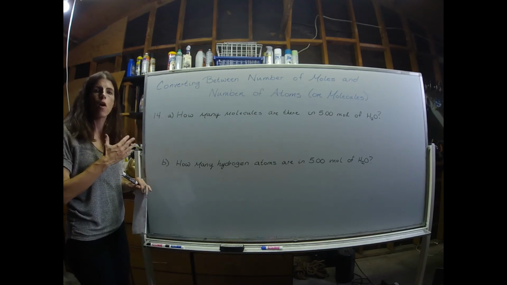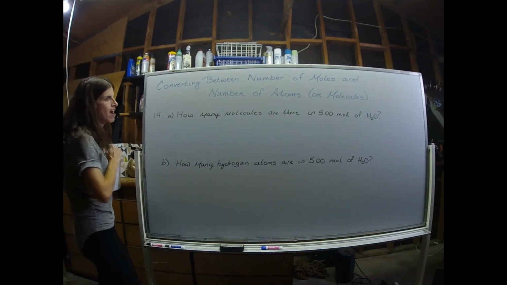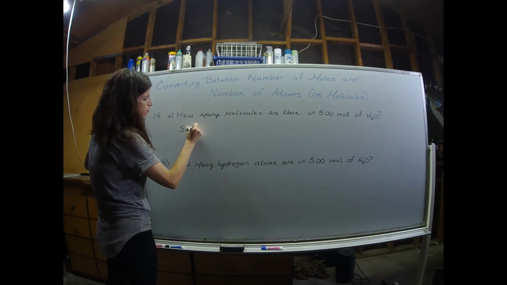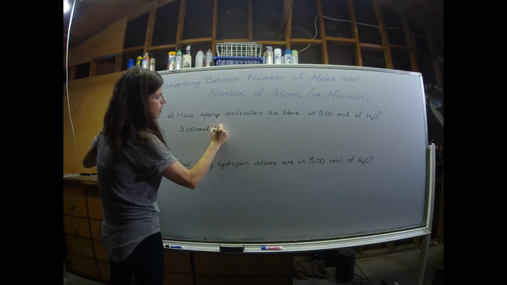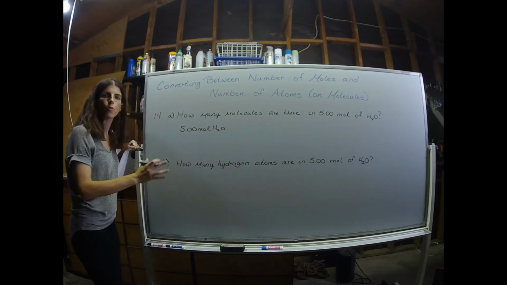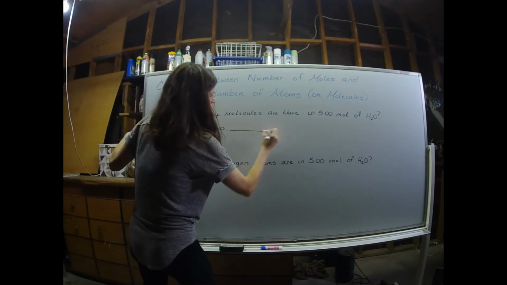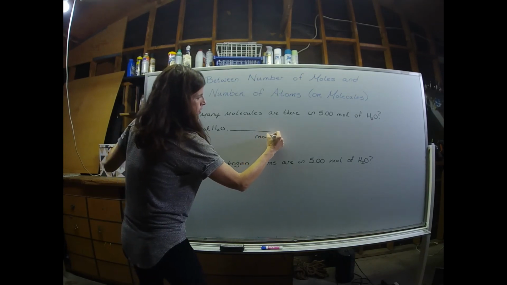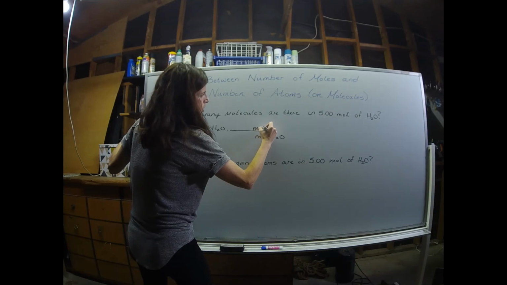So for part A, we're given the fact that we have 5.00 moles of water, and we're asked to determine how many molecules of water we're dealing with. So in my conversion factor, I'm going to get rid of moles of water and put molecules of water up top.